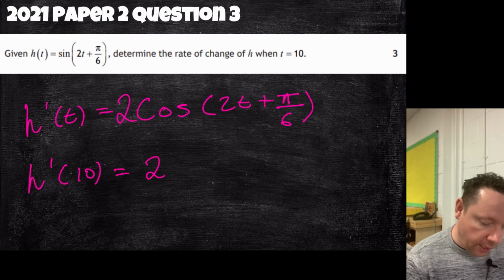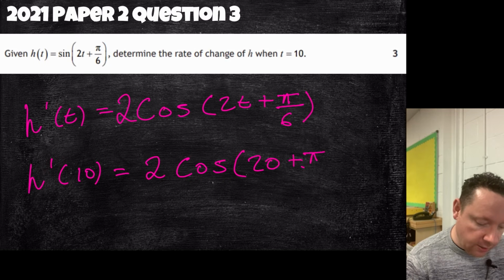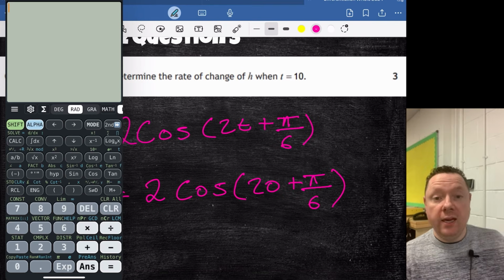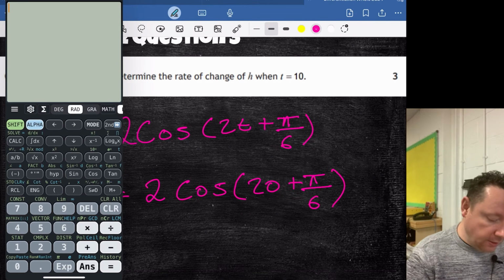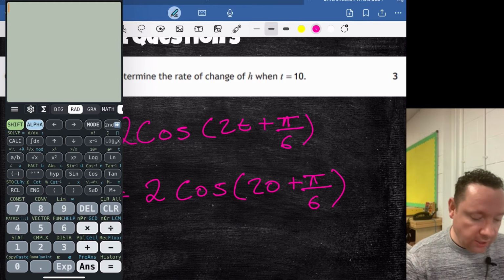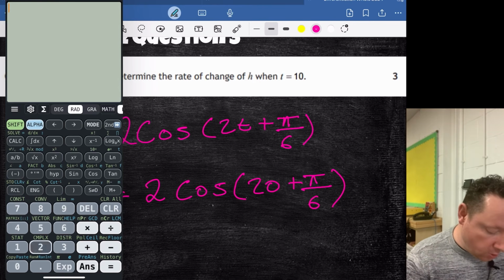So that's 2 times the cos of 2 times 10 is 20 plus pi over 6. So making sure my calculator is in radians, so I don't have to do any conversions because it is a calculator paper. I just press 2 times the cos of, brackets is already open, 20 plus, and I'll open a bracket for pi over 6.